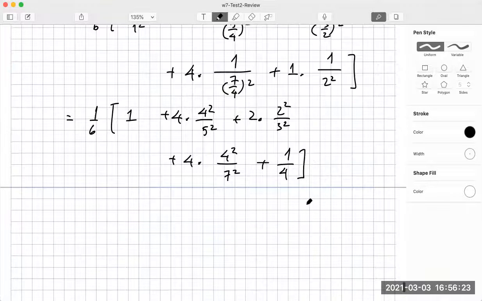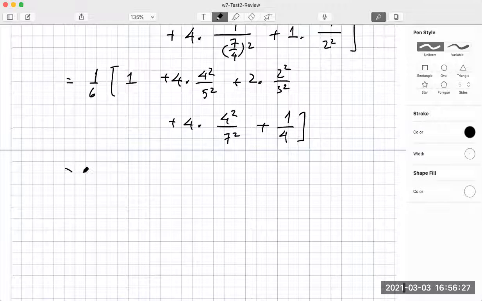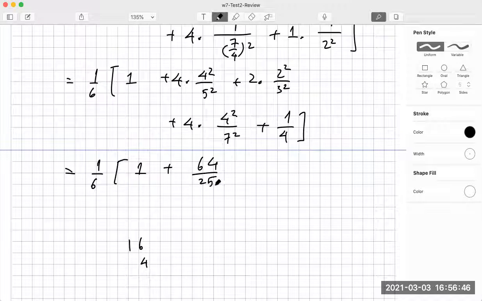Okay, simplify it. 1/6, it is 1 plus 4 times 16, right? It will be 64/25.